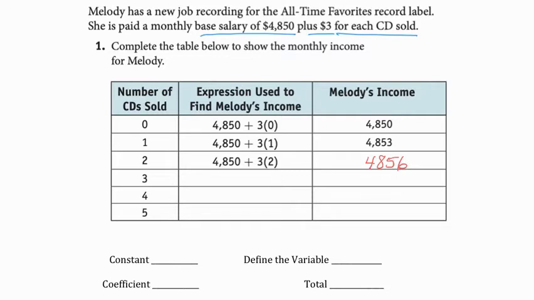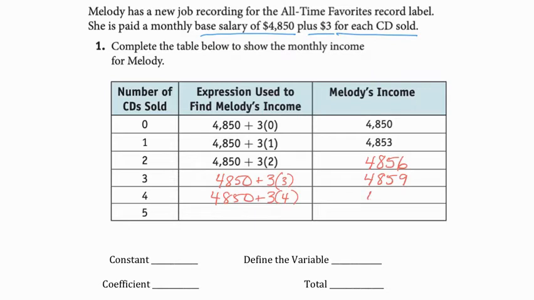If she sold 3 CDs, again, she's got her base salary coming to her, and this time we're doing $3 times the 3 CDs she sold. So that would be a total of $4,859. 4 CDs, $4,850 base salary plus $3 times 4 CDs.